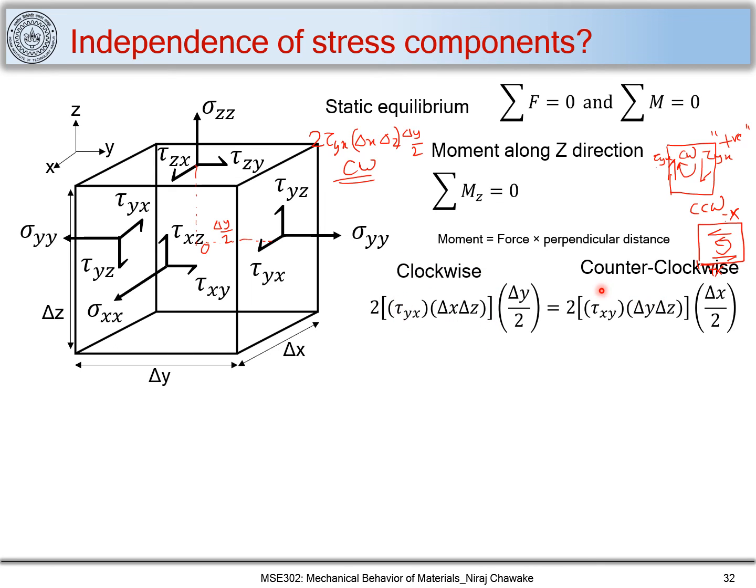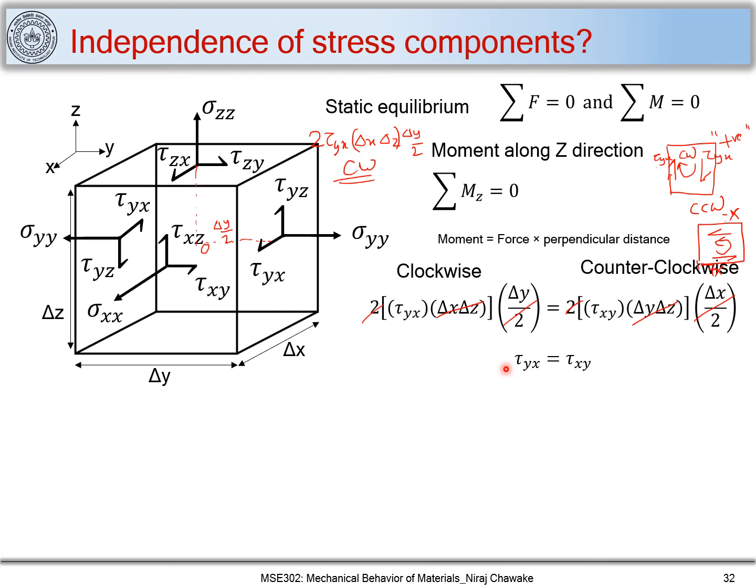The clockwise movement and the counterclockwise movement will balance each other, and you can see clearly that all these terms get cancelled out. The 2 also gets cancelled out, and what you are left with is that tau yx is equal to tau xy. We have proved this here.